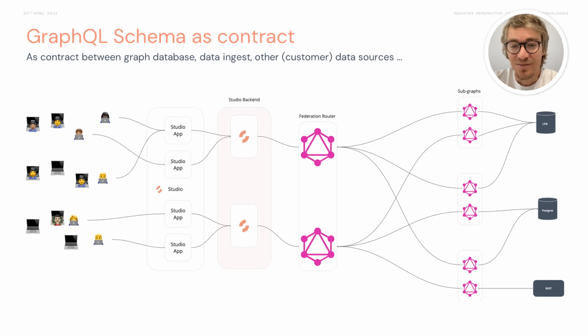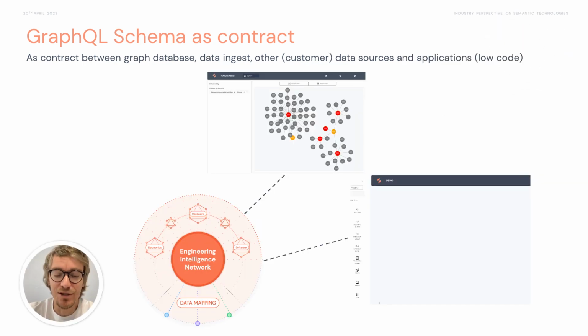On top, we have our Studio backend, which consumes information from the federation, and then we build the app in the low-code environment which I mentioned before. The low-code environment is enriched by a lot of widgets in the form of visualizations, which we have included to give the look and feel we also have with our native applications. So at the end, the GraphQL schema comes into play again, and that's important.